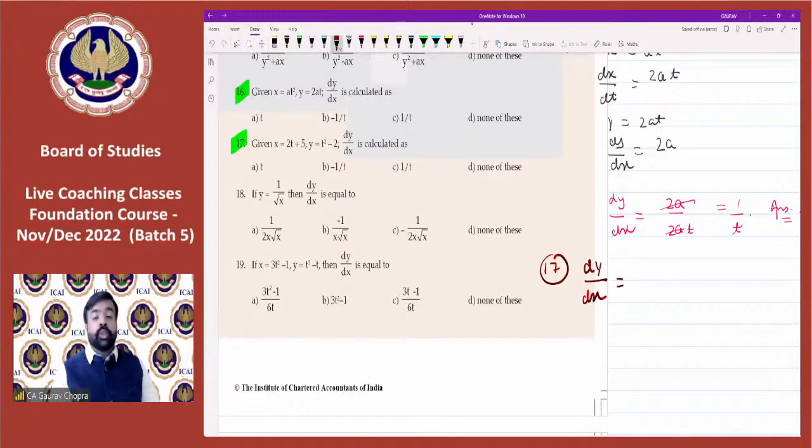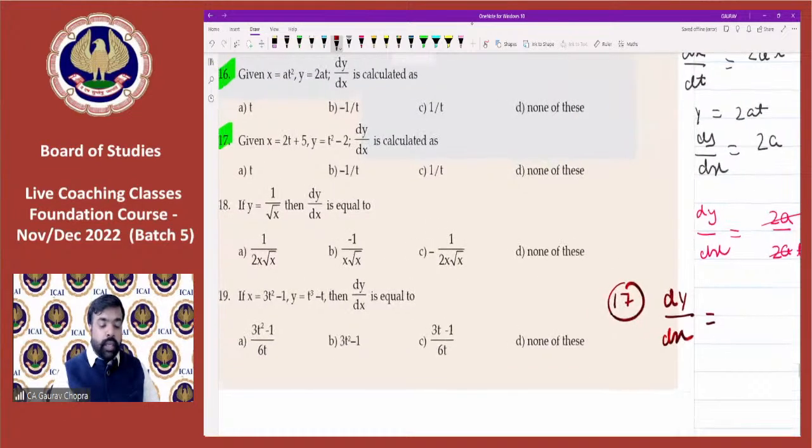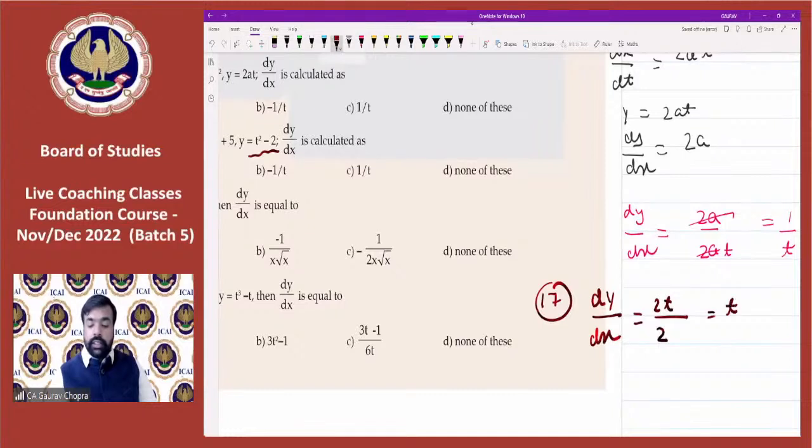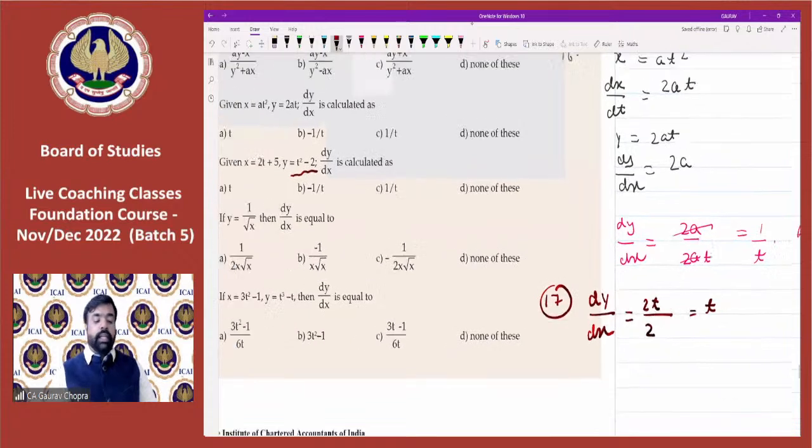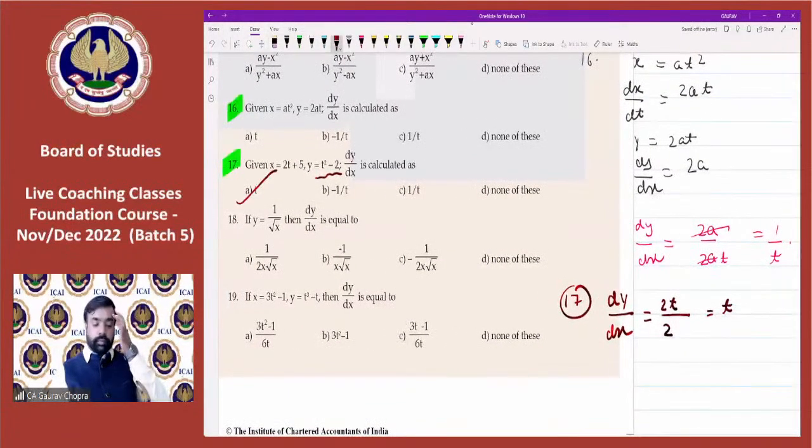In numerator, we can solve for y. Now, what is y? Y is t square minus 2. So derivative for t square is 2t and for minus 2 it is 0. Divided by dx. So 2t becomes 2. So 2 and 2 will get cancelled. Final answer is t. Option number A is the correct answer.